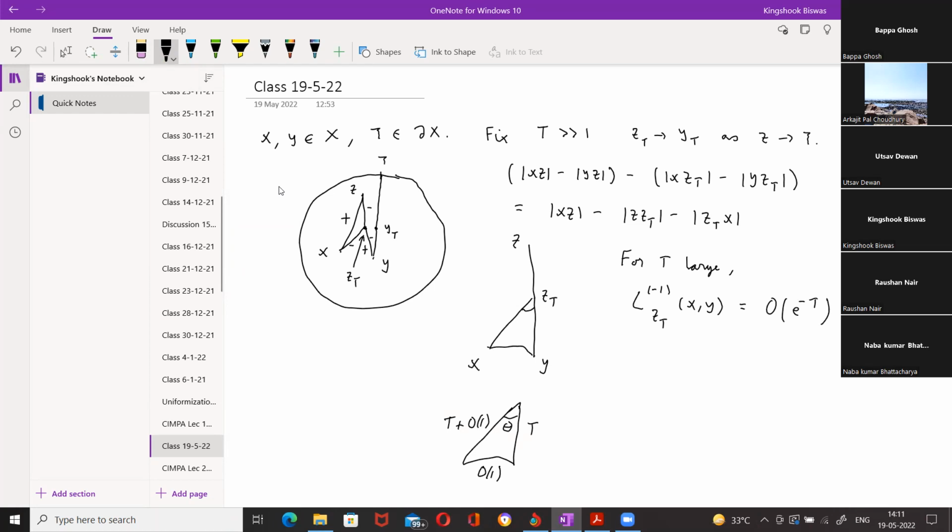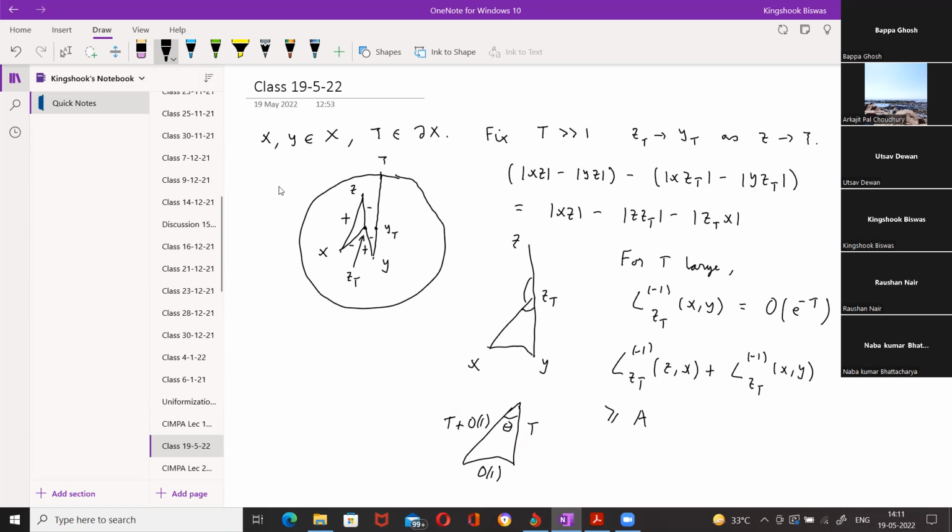Okay. But then what can I say? I know that the comparison angle at z_t between z x plus the comparison angle at z_t between x y is greater than or equal to the Alexandrov angles.